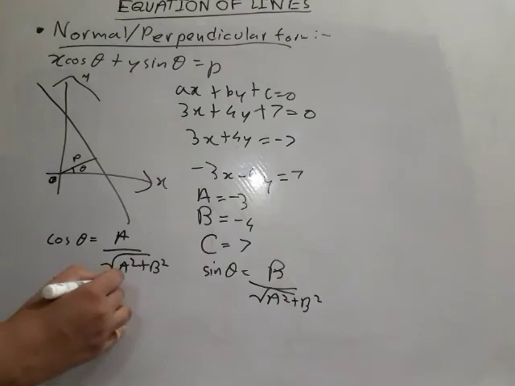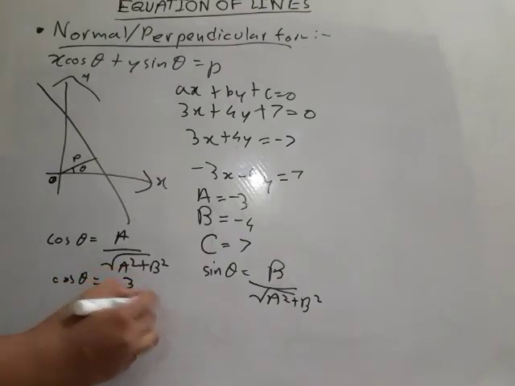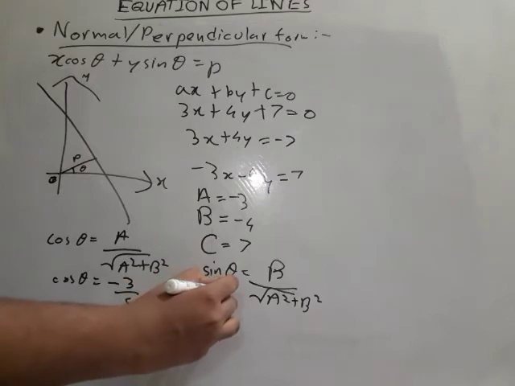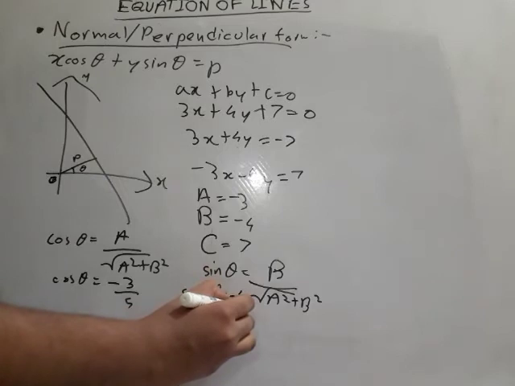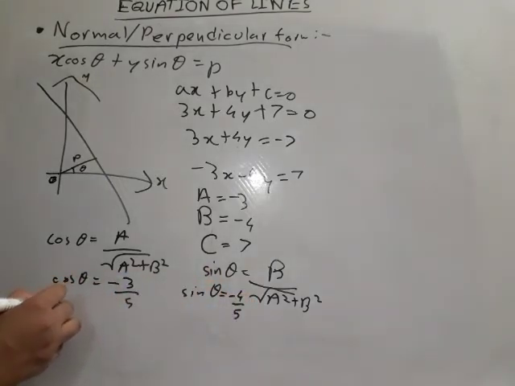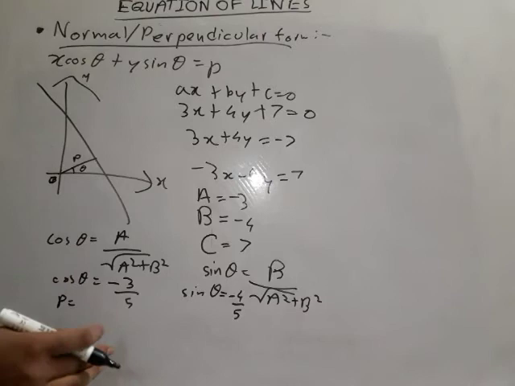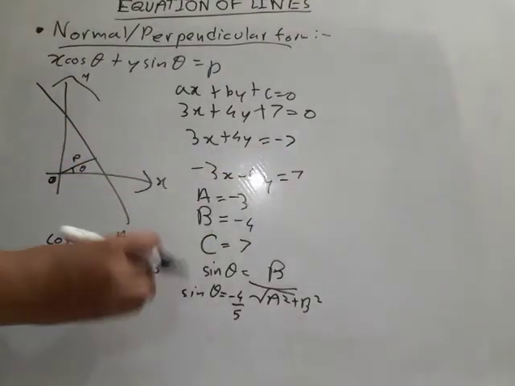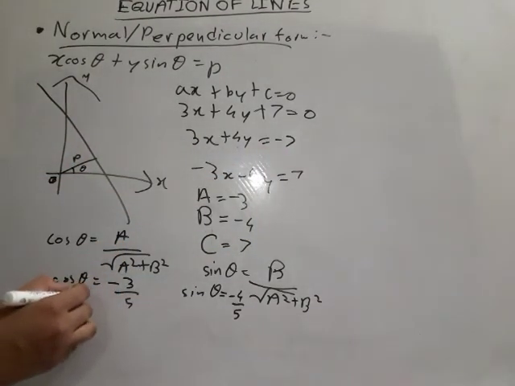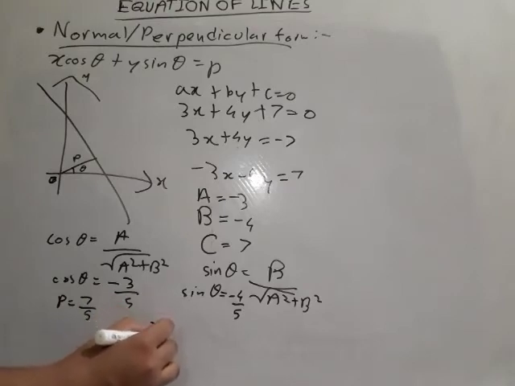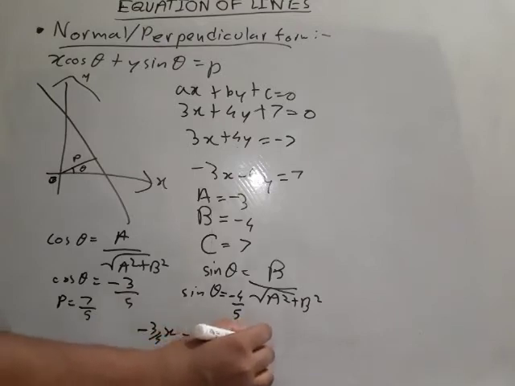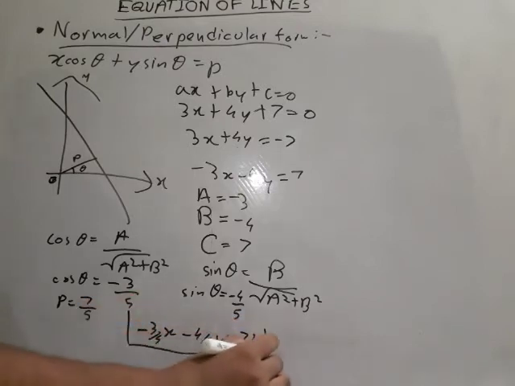So cos theta comes out to be minus 3 by 5, and sin theta comes out to be minus 4 by 5, and p, the perpendicular distance, we get by dividing the whole equation by root under a square plus b square. So p comes out to be 7 by 5. So the normal equation comes out to be minus 3 by 5 x minus 4 by 5 y equal to 7 by 5. This is the normal equation.